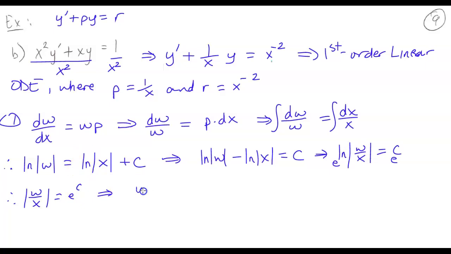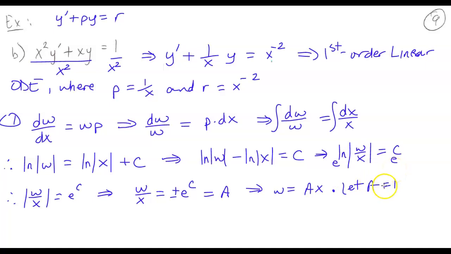And of course, this would mean from our absolute value properties that we would have this, and we're going to let plus or minus e raised to the c equal a, which means w really is just going to be a times x. And for simplicity, we let a equal 1.